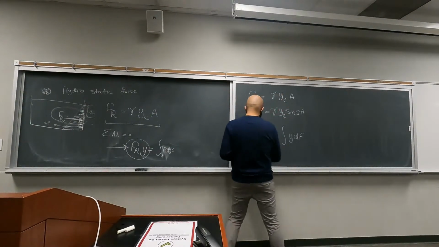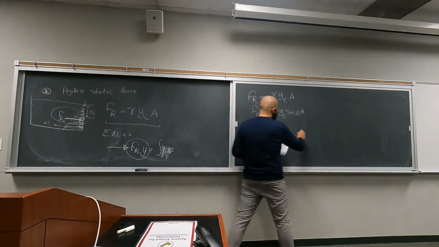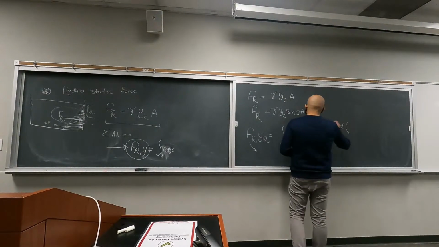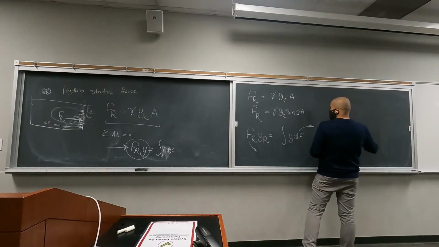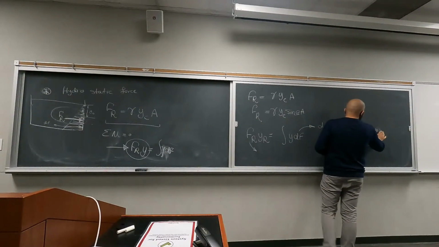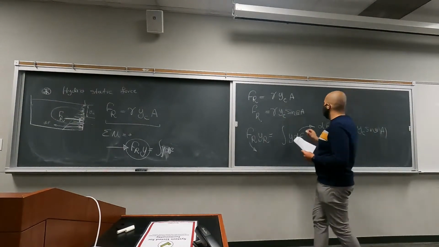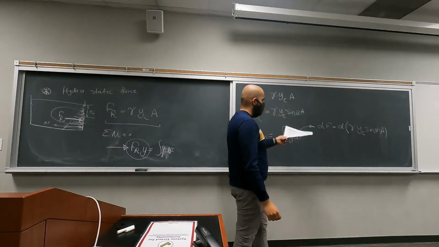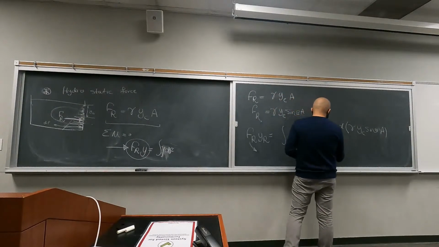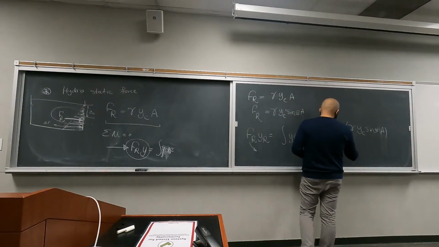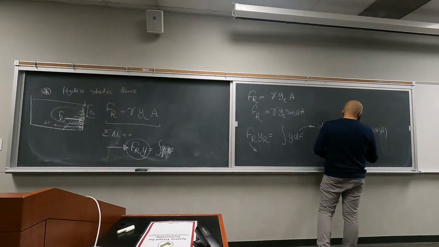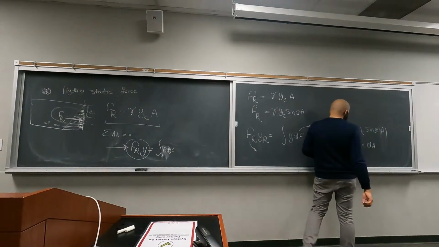So we can replace F here with this formula, and to find this dF, we have to take the derivative of this formula, gamma y_c sine theta multiplied by A. I forgot the extra x. y_c, gamma, and sine theta are all constant, so they come out of the derivative. The only thing that we really don't know anything about at this point is going to be the element of area.